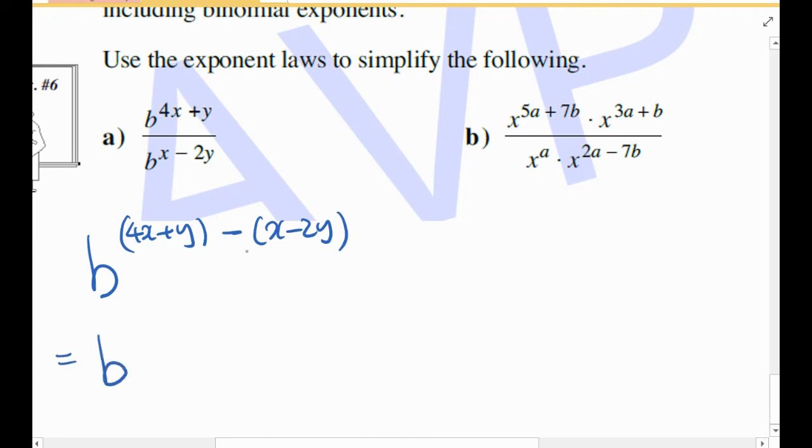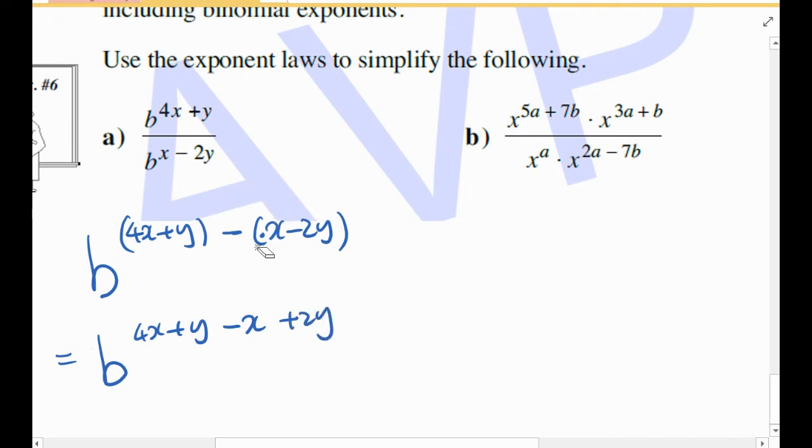So we learned how to do this in grade 9. When you have negative sign here, you switch the sign after it. So negative sign, it becomes negative x because it's a positive x, right? So you're going to switch it to negative x, and negative becomes positive 2y, right?